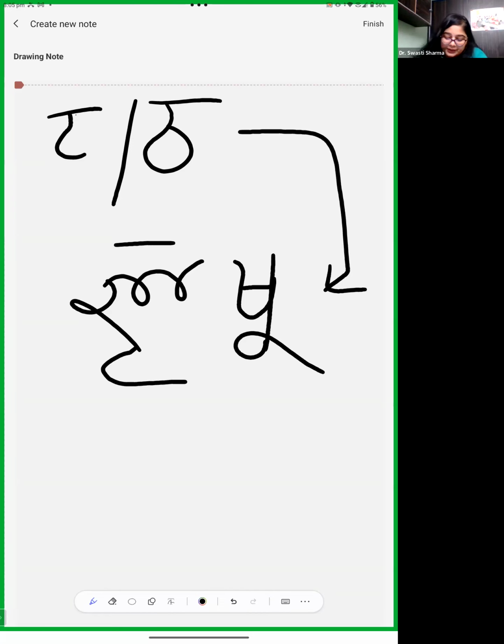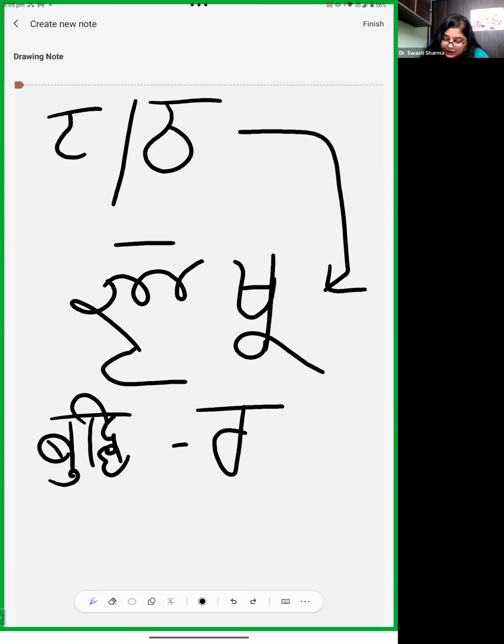And what will happen if we connect the letter dha? Like I'm making buddhi. In Devanagari, this is buddhi. So we will make ba, then ukar matra, then ikar, then the da.